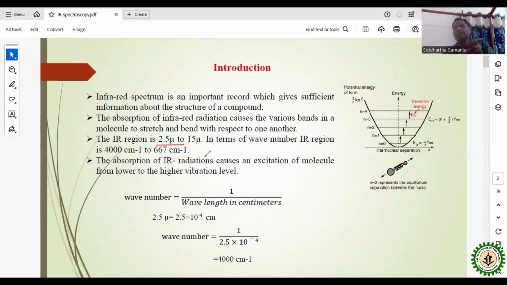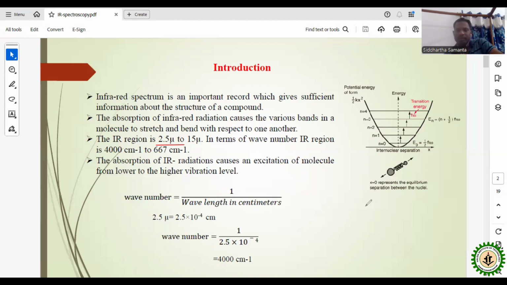In that region, when some energy is absorbed by the molecule, you know that molecules have different types of bonds: double bond, triple bond, single bond, and these bonds vibrate.